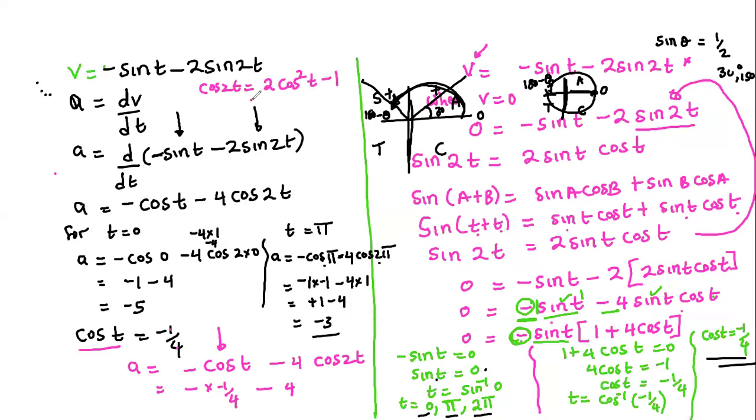Where I have cos squared t, I can say this is 2 times -1/4 squared minus 1, which gives me 2 times 1 out of 16 minus 1. Dividing by 2, we get 1 out of 8 minus 1.